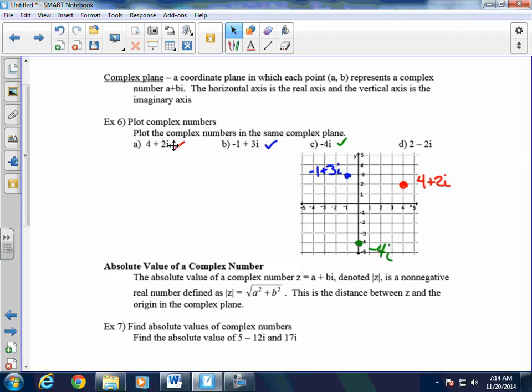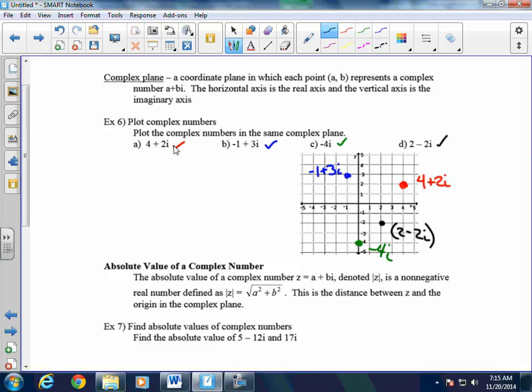And then the last one, 2 minus 2i. So we go 2, minus 2i, and there is that one. So that's all you have to do to graph numbers on a coordinate plane, on the complex numbers.